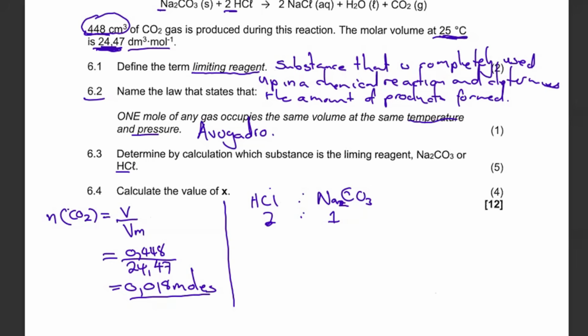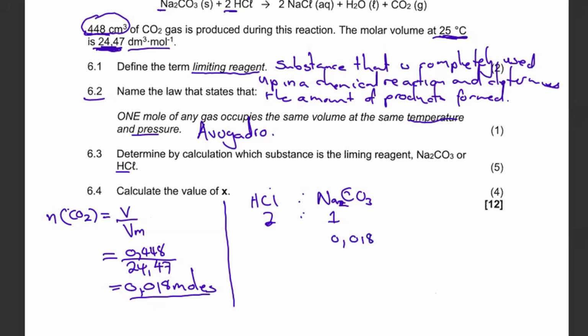So here, what are we actually having? The number of moles of carbon dioxide is 0.018. And if that is 1, it means the number of moles of sodium carbonate is also going to be 0.018 on the other end.